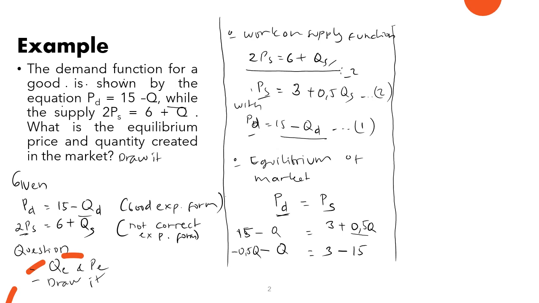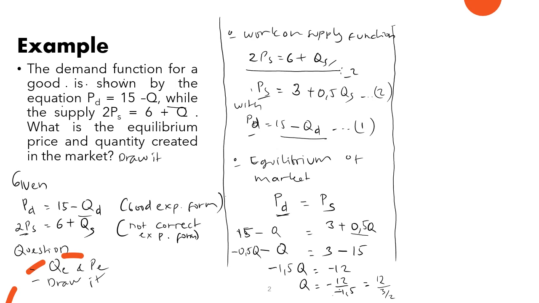Now let's work on that. Minus half Q minus Q is minus 1 and a half Q, and then 3 minus 15 is minus 12, so Q becomes minus 12 over minus 1 and a half.